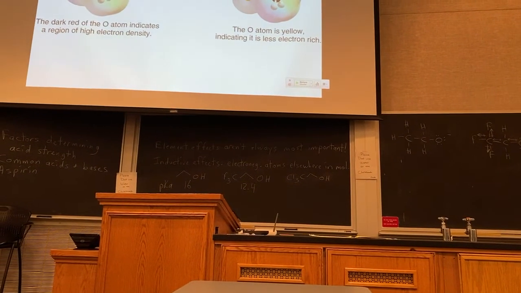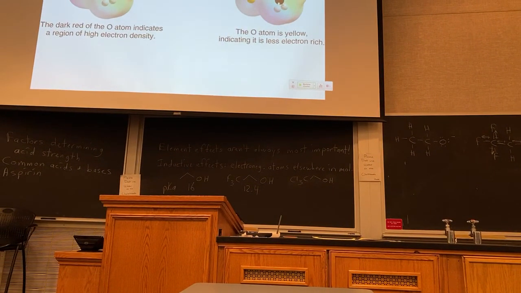Okay? You might say, but wait a minute. Chlorine is below fluorine in the periodic table. It's larger. Which effect is that, where size matters? That's the element effect. The element effect only applies when it is the atom that is attached to the acidic hydrogen.